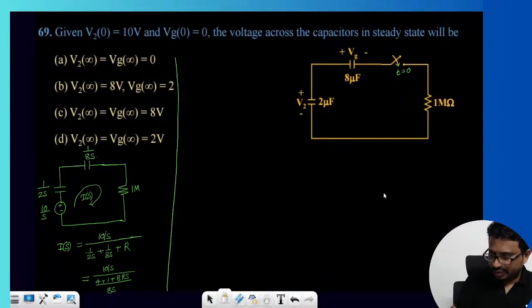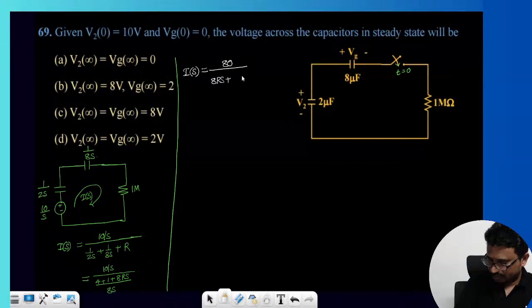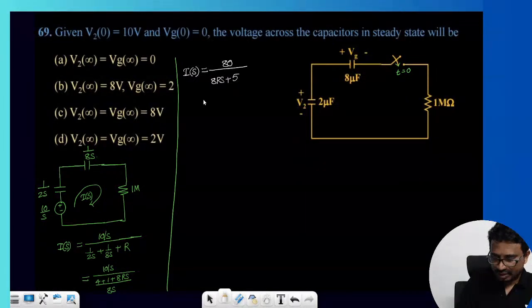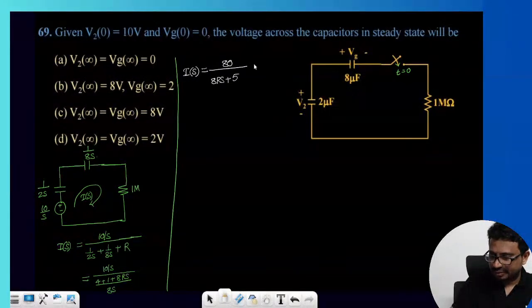Now you can tell me what will be this I of S. S will get cancelled, so then it is 80 by 8RS plus 4 plus 1, that is 5. If we take 5 common, then it becomes 16 by 16RS plus 1.